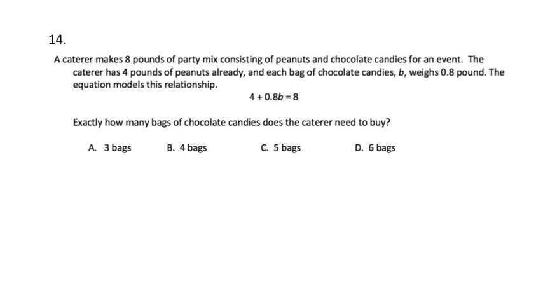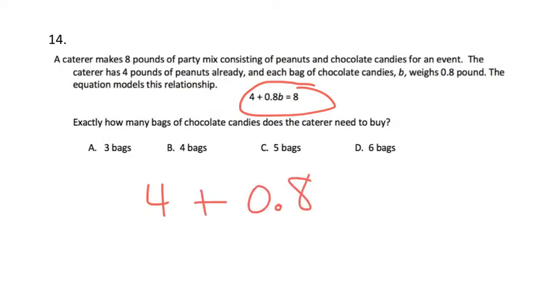Okay, for number 14, it says that we have a caterer that makes 8 pounds of party mix, consisting of peanuts and chocolate candies for an event. They gave you the following equation, and they are asking us exactly how many bags of chocolate candies the caterer needs to make. Well, guys, this is just a two-step equation. Let's just go ahead and solve for that letter b.